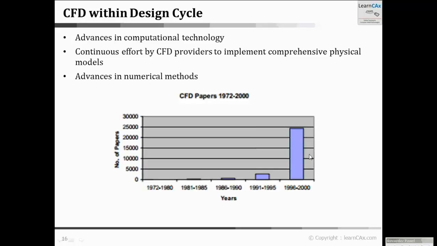If you can see, this is just a data where the number of published papers based on CFD have gone on increasing throughout the decades. So if you see in the decade of 2000, we see large jump in the papers that are published which reference.